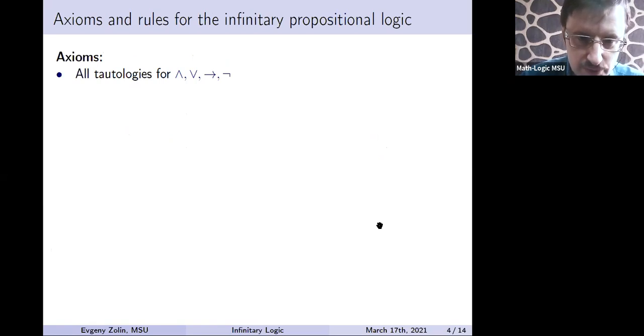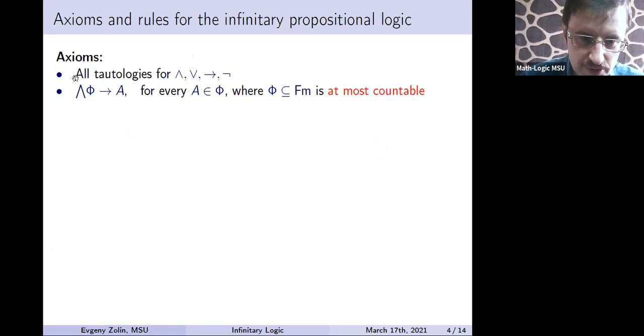In the previous lecture, we already saw these axioms and rules. So axioms, we simply write all tautologies for the usual conjunction, disjunction, implication. Of course, we can express binary conjunction from this infinitary conjunction, and all other connectives are expressible as well.